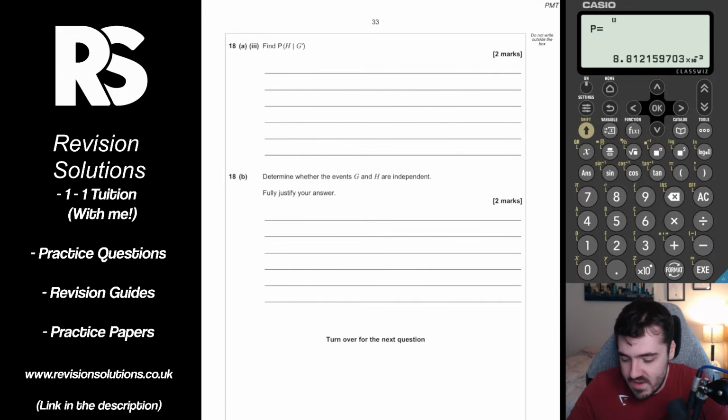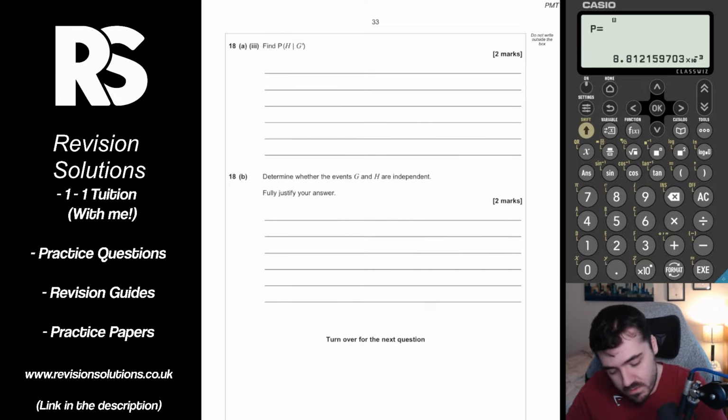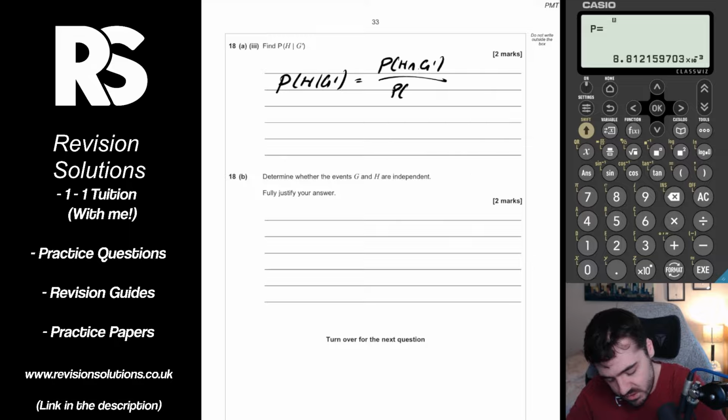Then the probability of H given the complement of G. We could probably get away with not doing it, but just to be really consistent, I recommend whenever you have a conditional probability question, you just use Bayes' theorem, and then you really can't go wrong. The formula, which is in the formula booklet, says the probability of H and G complement over the probability of G complement.